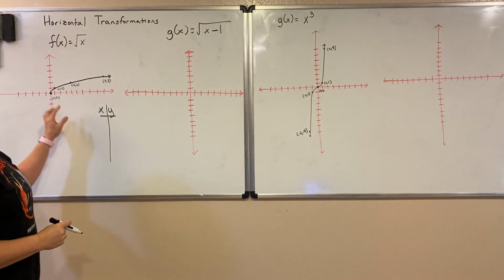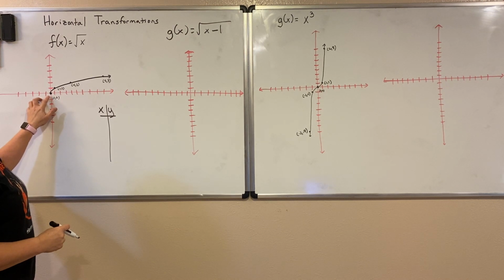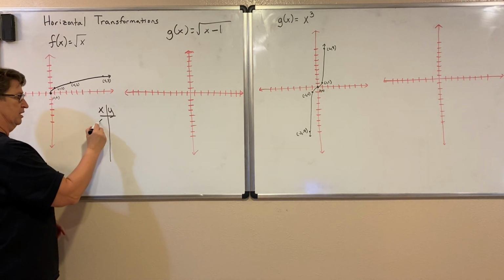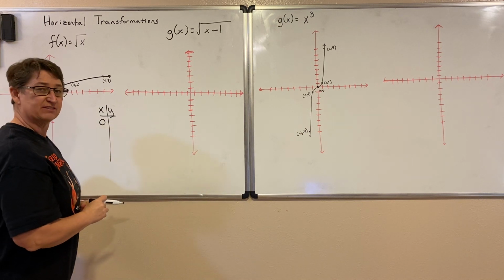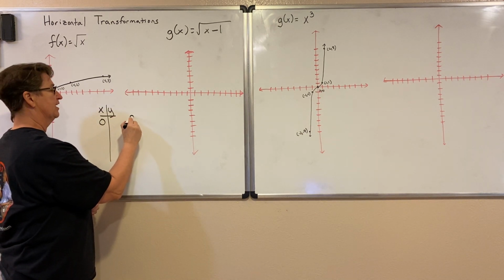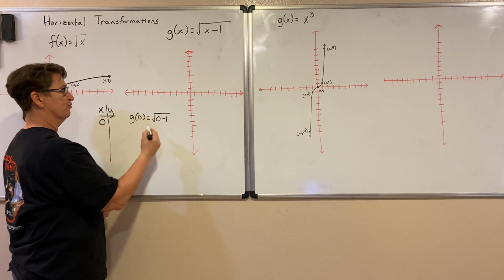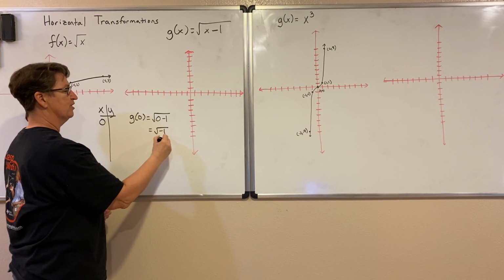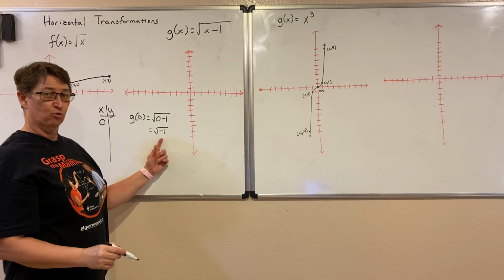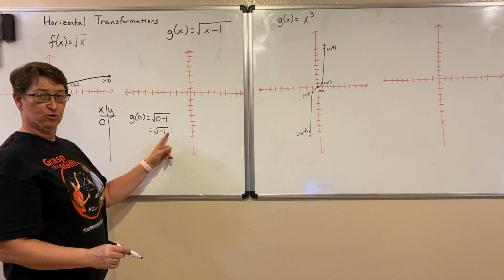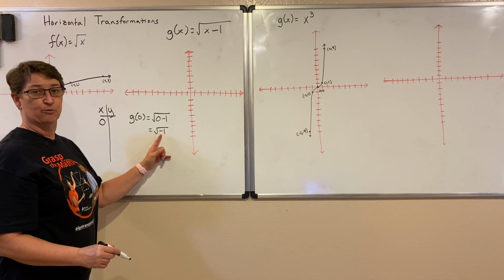Before, we used the number 0 as our first x input. Let's try that again. If I put 0 in as my input for x, notice that I end up with a -1 underneath the radical, and that's not real.